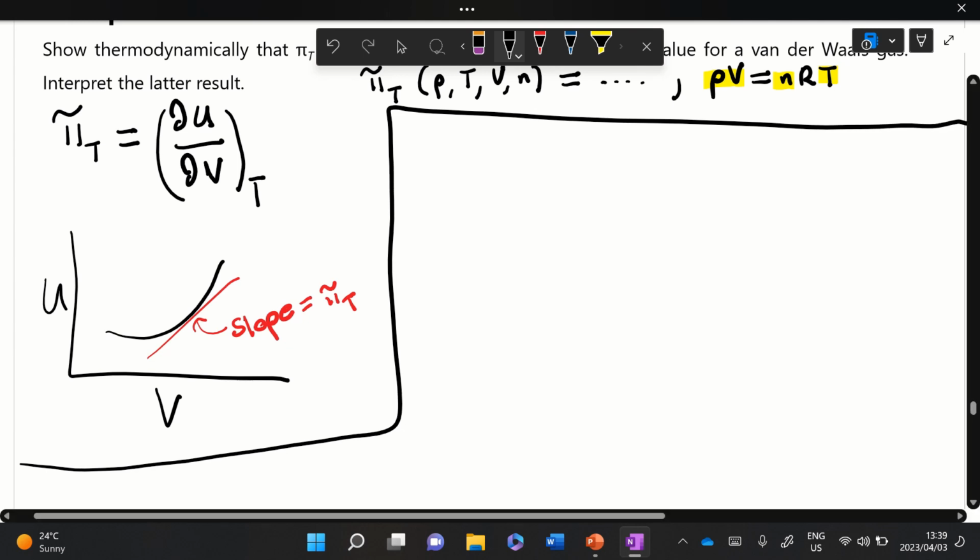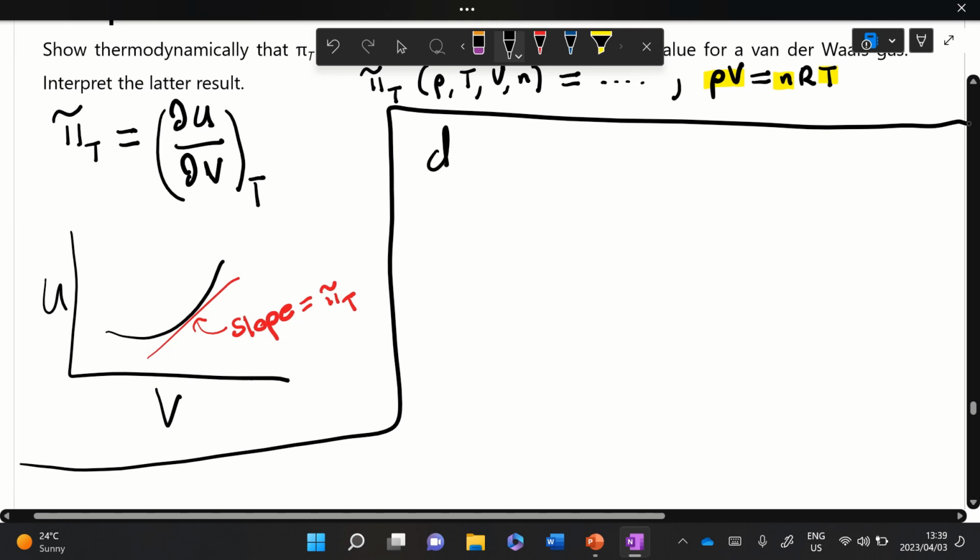So where I want to start is this: our only problem in the expression for the internal pressure is the internal energy. So what is internal energy?